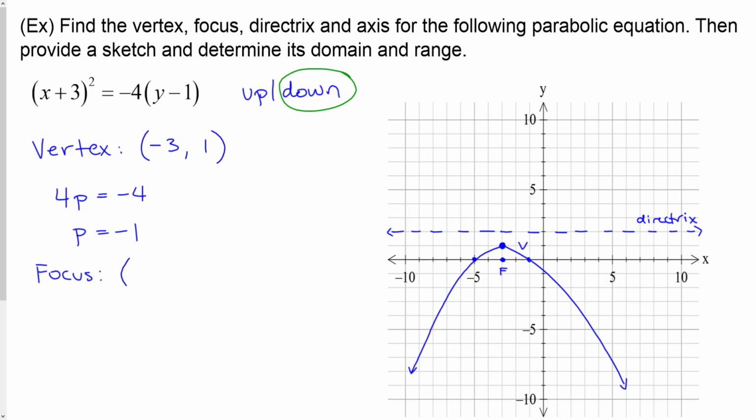So the focus, if you'll notice, if you just find the location of the focus, it's at -3, 0. And that right there is a very easy way of determining where the focus is. Just use your picture. It's 1 unit away from the vertex, and in particular it's 1 unit in the y direction.